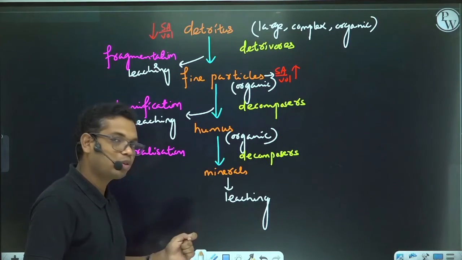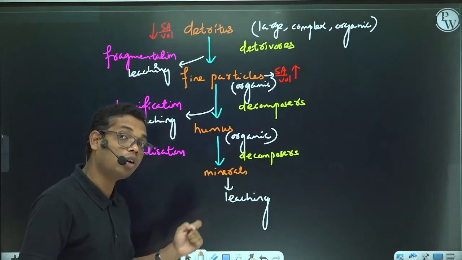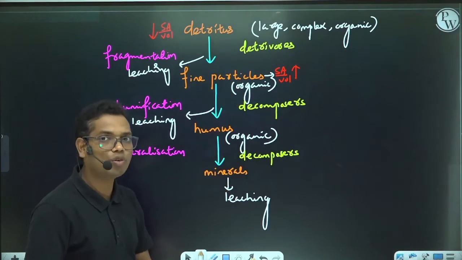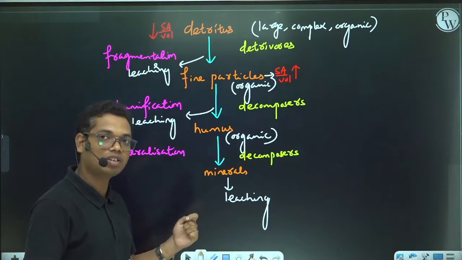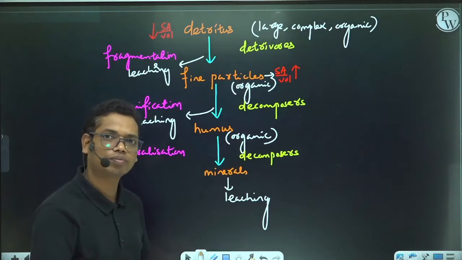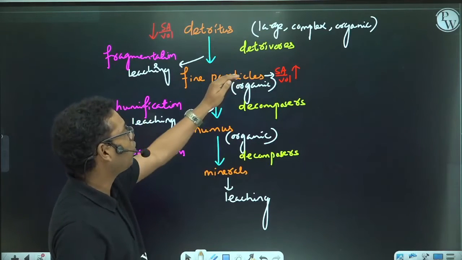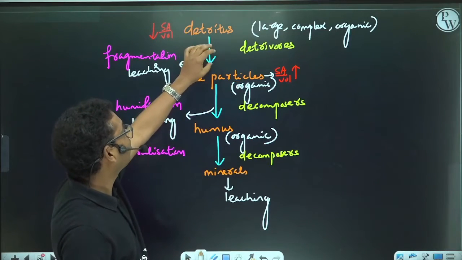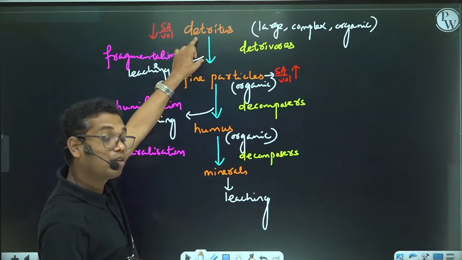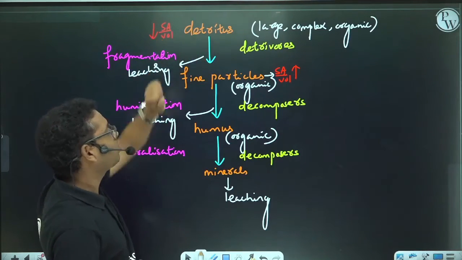And the process of decomposition is not performed alone by the decomposers. No, it is also performed by the detritivores. In fact, the very first step of the decomposition is done by the detritivores. So what is the need of the detritivore? Because the detritus, which is the raw material for the decomposition, has a low surface area to volume ratio.